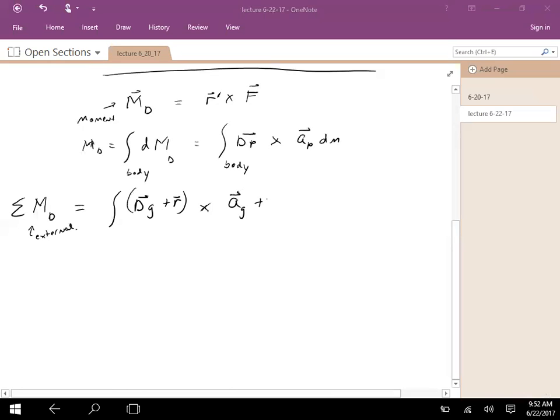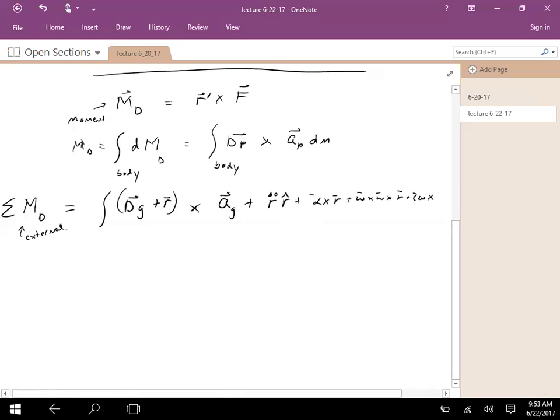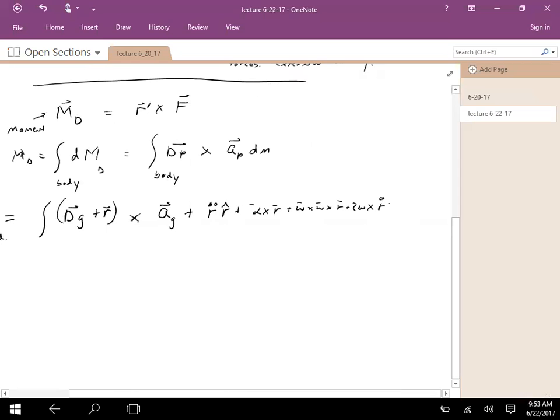I've got r double dot in the r hat direction plus alpha cross r plus omega cross r, and finally 2 omega cross, need to cheat here, r dot r hat.